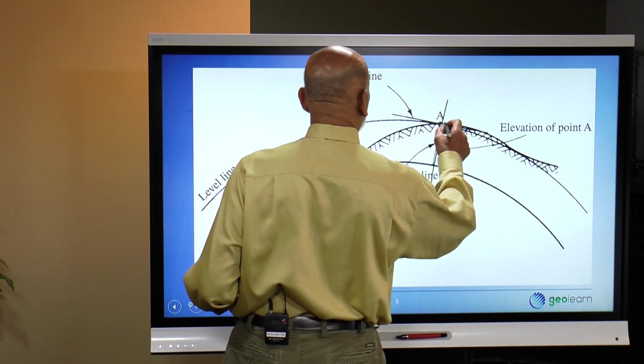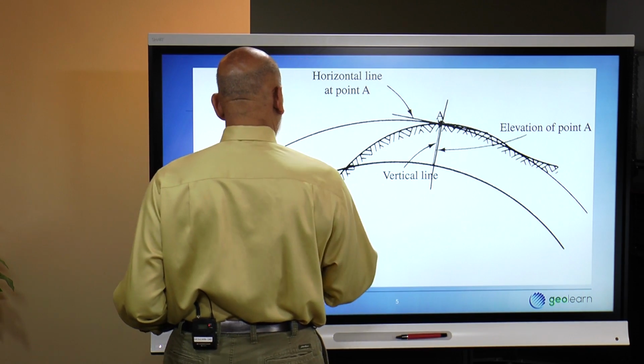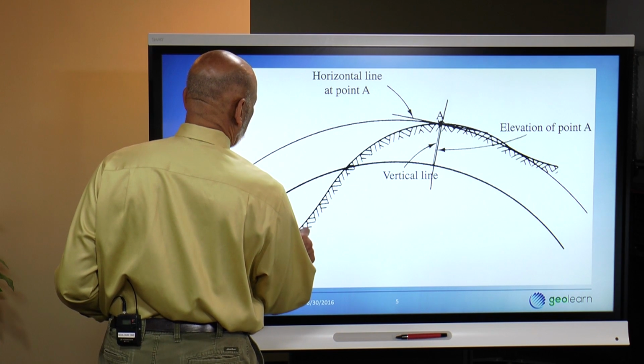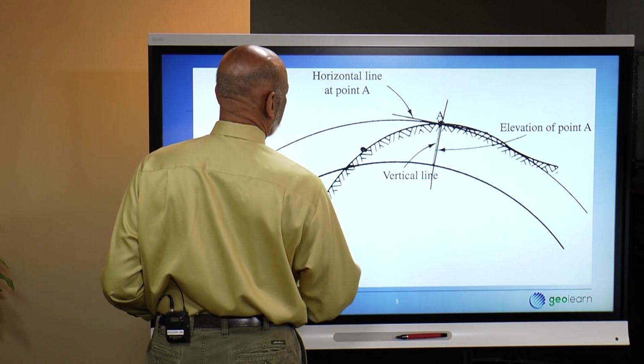And we have here the elevation of point A. And if the land looks like this, we can have points that are below sea level, above sea level, and so forth.